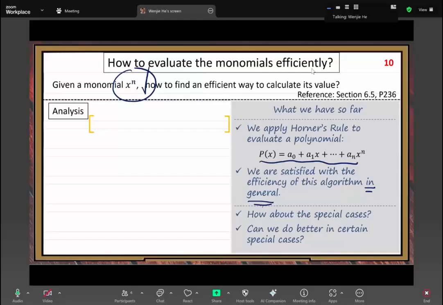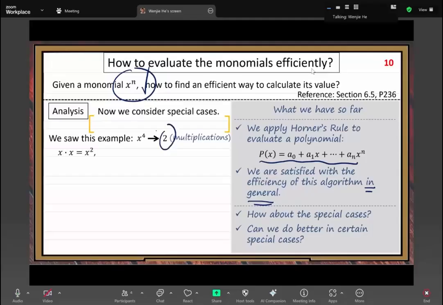Why? Let me show you. We did this x to the 4th before. We do the square operation twice, 2 multiplications. The first square, x times x, is a square operation.